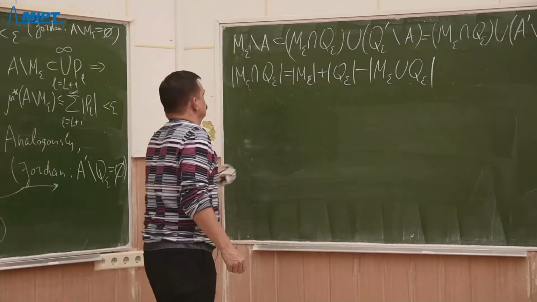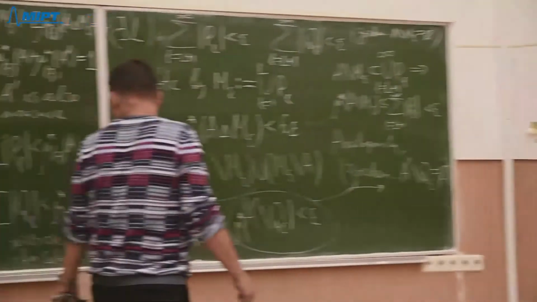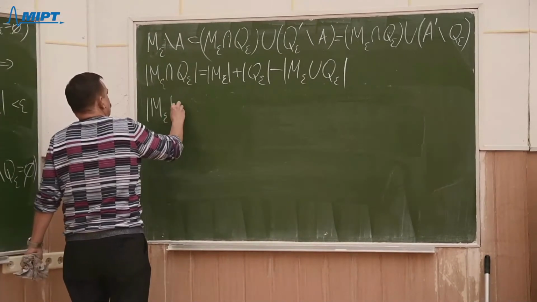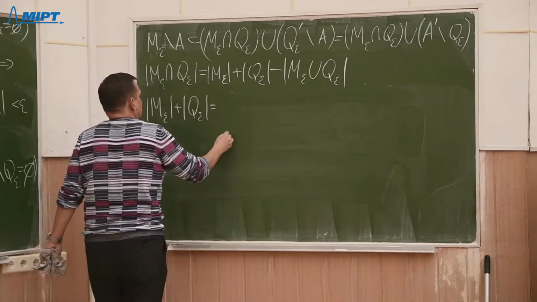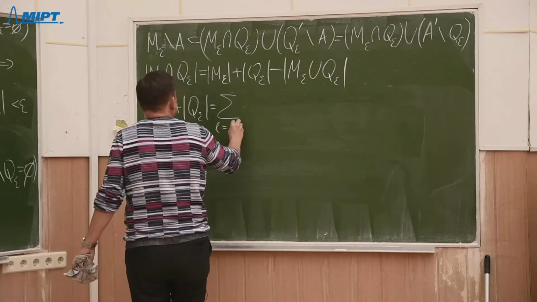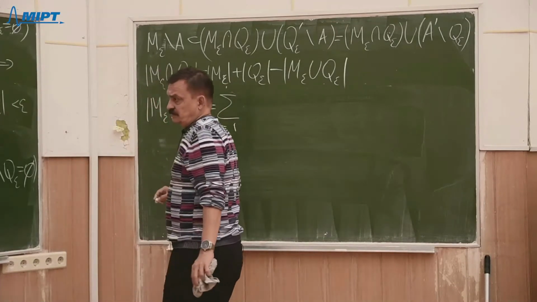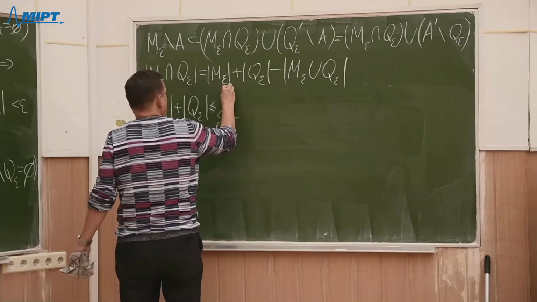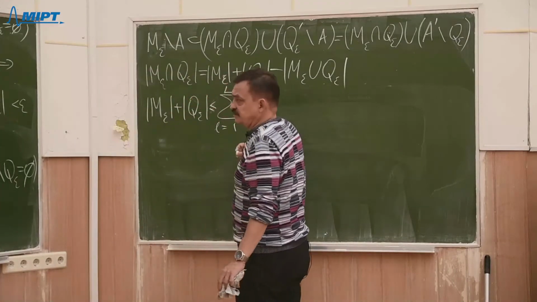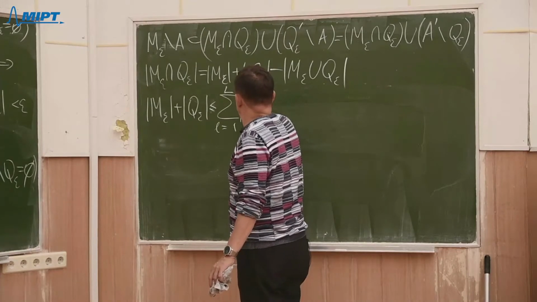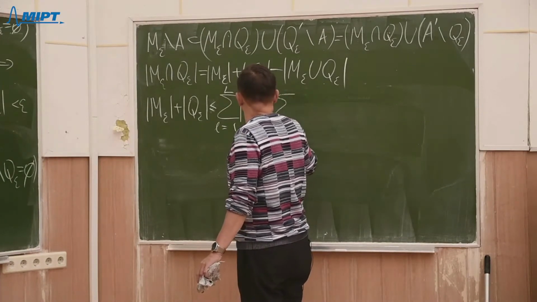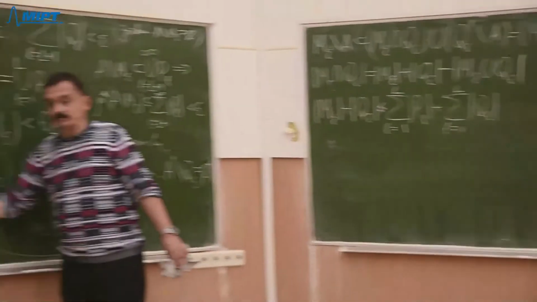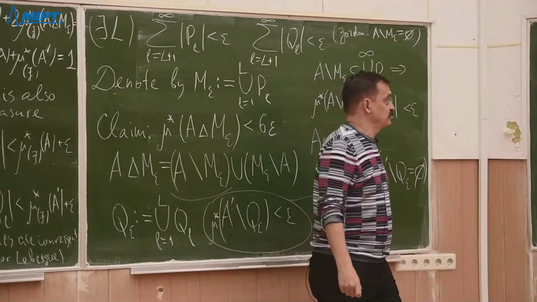Now look at M epsilon plus Q epsilon. That is the sum, maybe they have an intersection, it doesn't matter, of PL plus the sum of QL, by the definition of what was in Q epsilon and P epsilon.